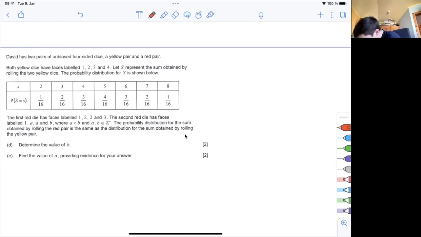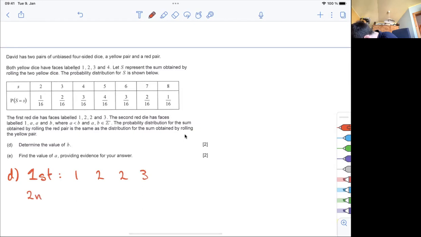So when we think about our two dice, our two red dice, we'll say on our first one we have 1, 2, 2, and 3.